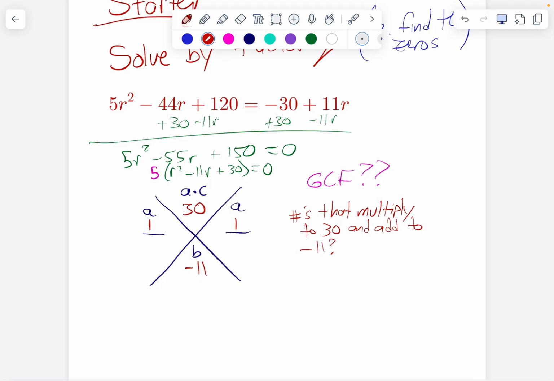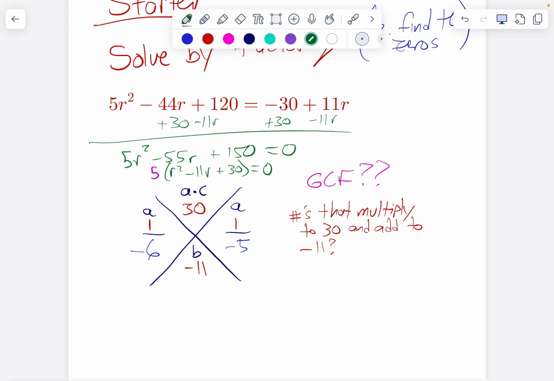Which ones are those? What multiplies to make 30 but adds to negative 11? Yeah. So sign can be flexible. We're just looking for those positive and negative numbers. By the sign being flexible, what I mean is find what makes 30, like 6 and 5, and then adjust sign as needed to match b.